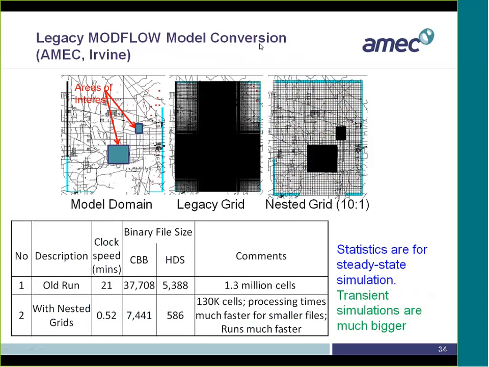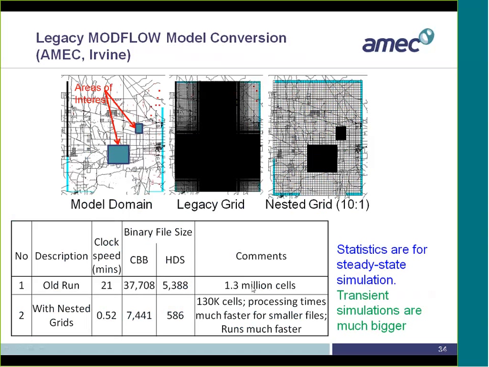Legacy MODFLOW conversion, one of our AMEC Irvine projects, a MODFLOW model with small regions of interest. This was the legacy grid, and this is now the MODFLOW-USG grid. The old run took around 21 minutes for the steady state run. The new one takes half a minute.